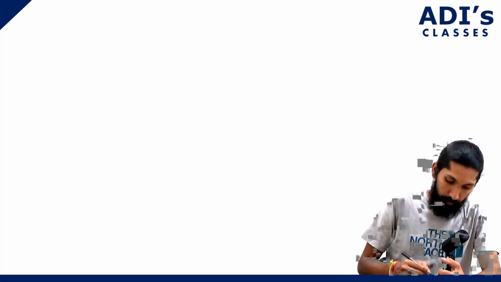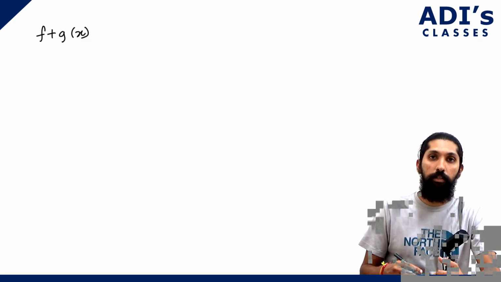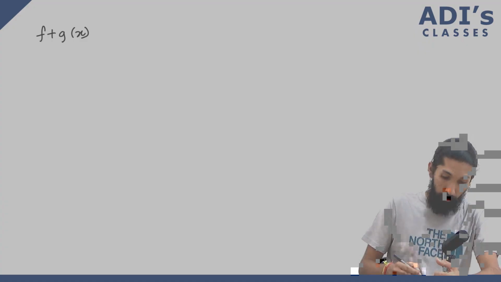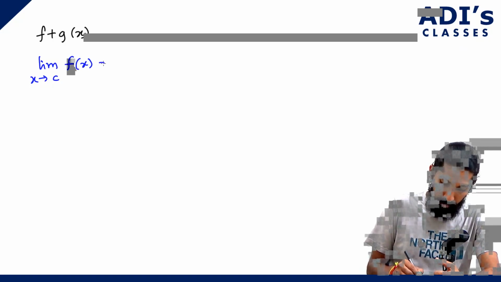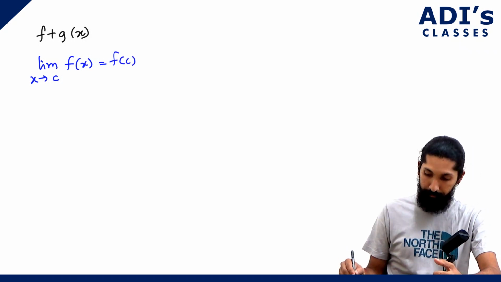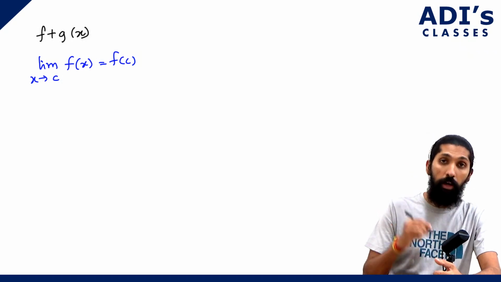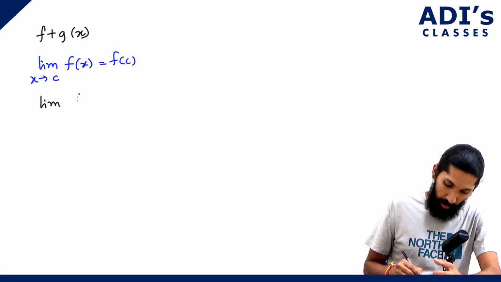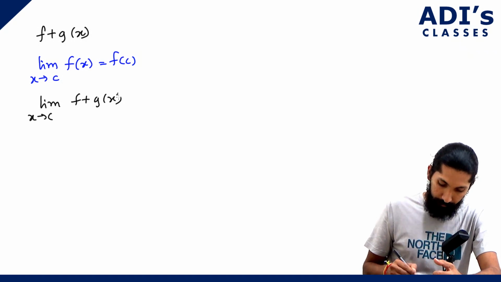See the first one, we have f plus g of x, isn't it? Now what is the definition we have for a continuous function? For a continuous function, the definition is limit as x tends to c, f of x is equal to f of c. Correct? Now, when you have f plus g of x, we can say limit of f plus g of x as x tends to c.